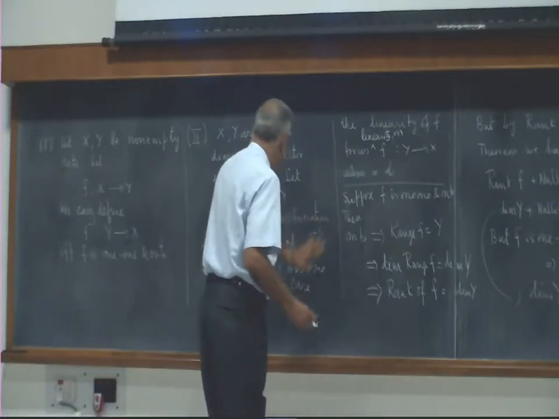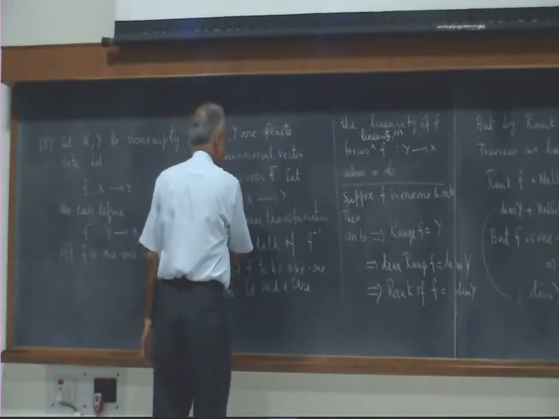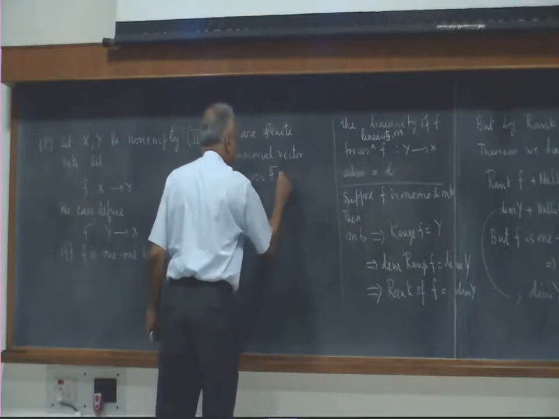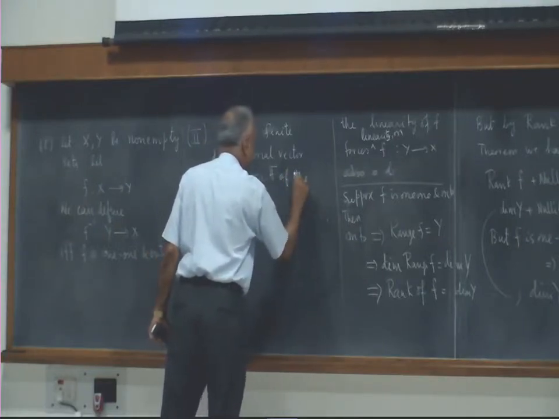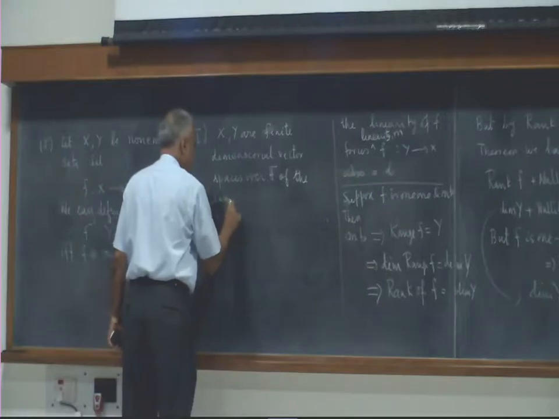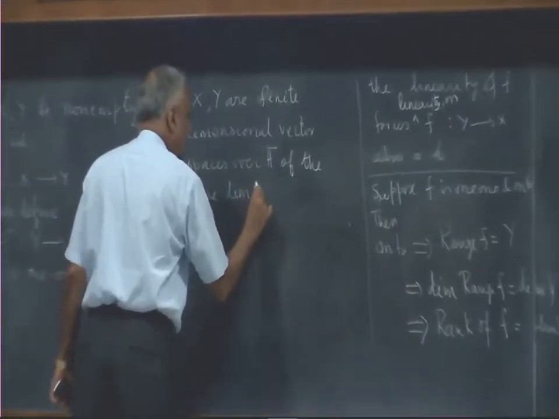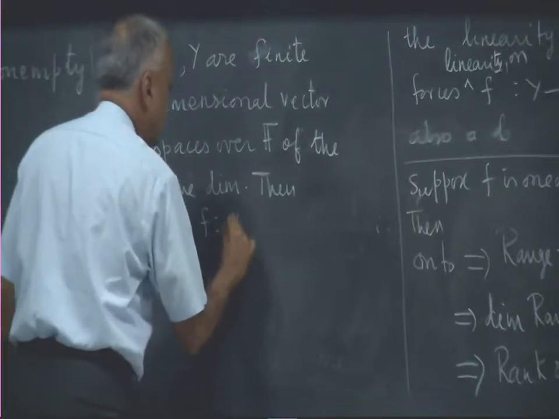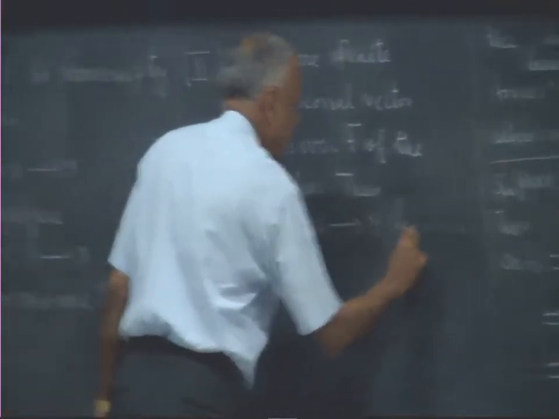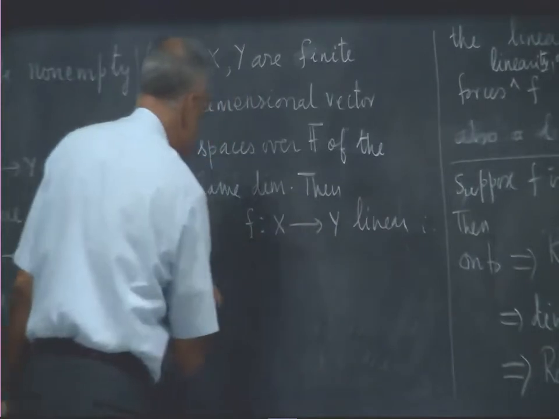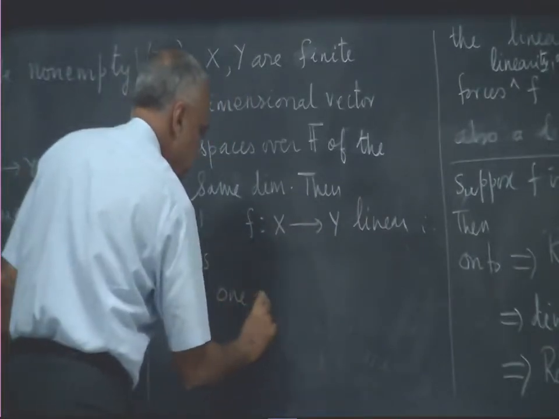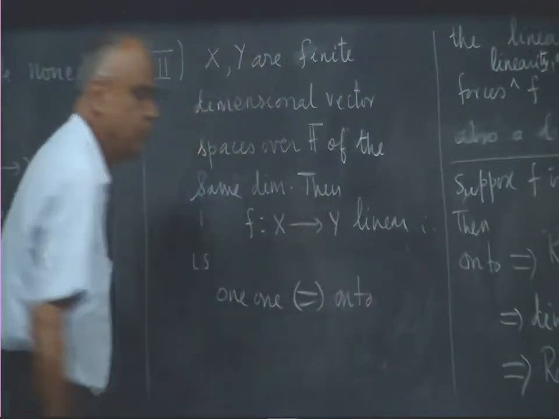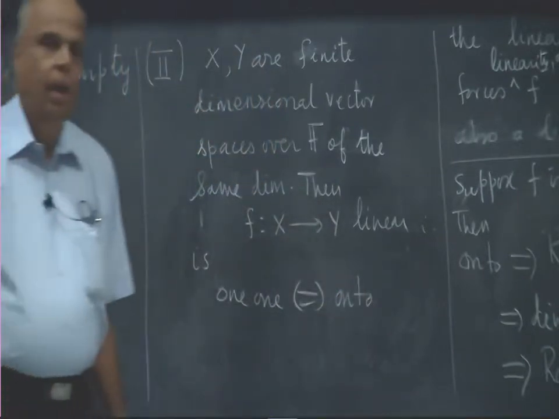So I will now erase all this. For finite dimensional vector spaces of the same dimension, then F mapping X to Y, linear, is 1-1 if and only if onto.